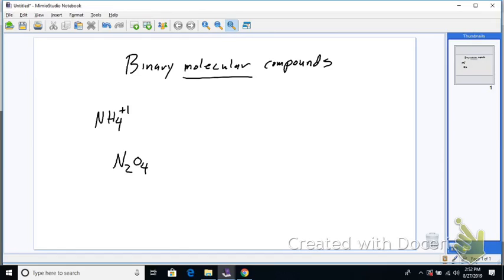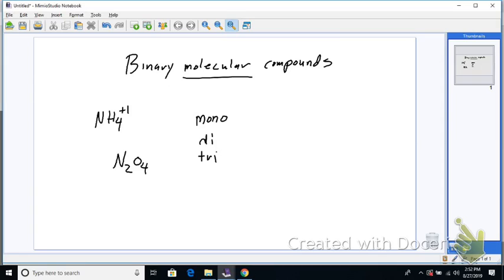Up to this point, we have not used prefixes to describe the subscripts. We don't do that in ionic naming. This is the only time you see prefixes used. And you'll know those prefixes because they're part of geometry. Mono. What's next? Di.